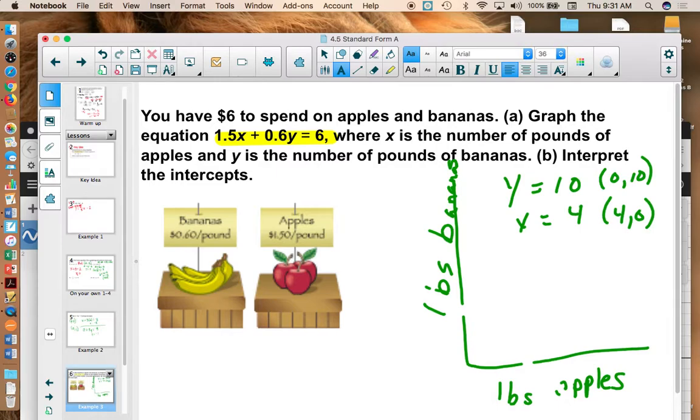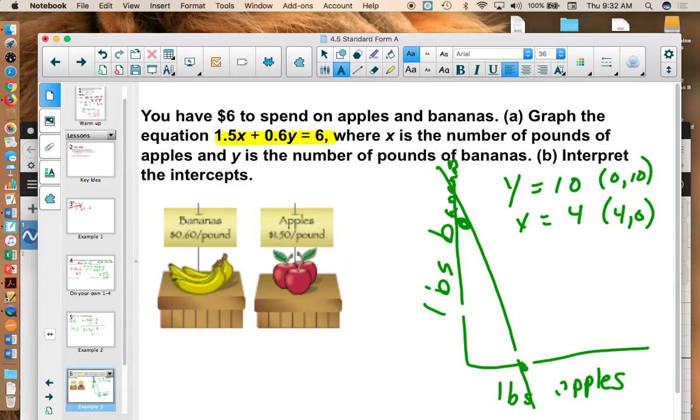I'm up here at 10, and I got 4 down here, and my line's going something like that. Is that right? Okay, I don't have it leveled, but you get my point. What does the y-intercept of 10 tell you in relationship to that story? Shelby?